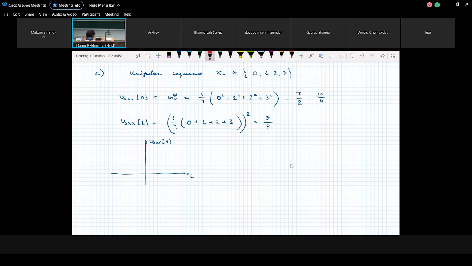Let's say now our value at 0 is 14/4, and then the correlation for any other L is 9/4.